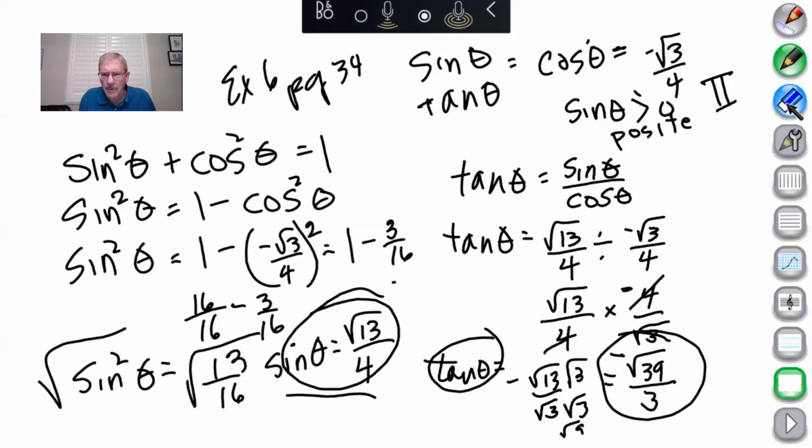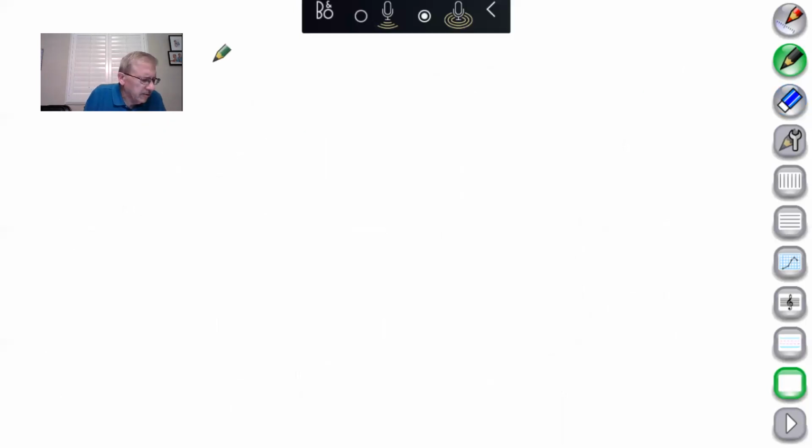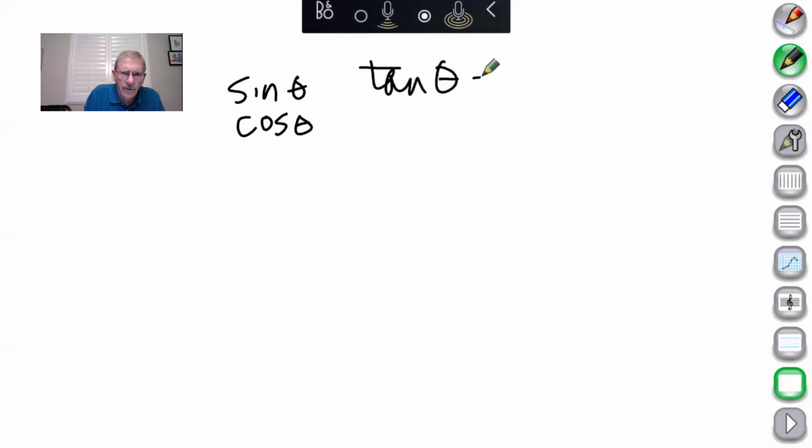Okay, the last example, another one of these little tricky ones. On this one, we're looking for sine theta and cosine theta, and we know the tangent of theta is 4 over 3.